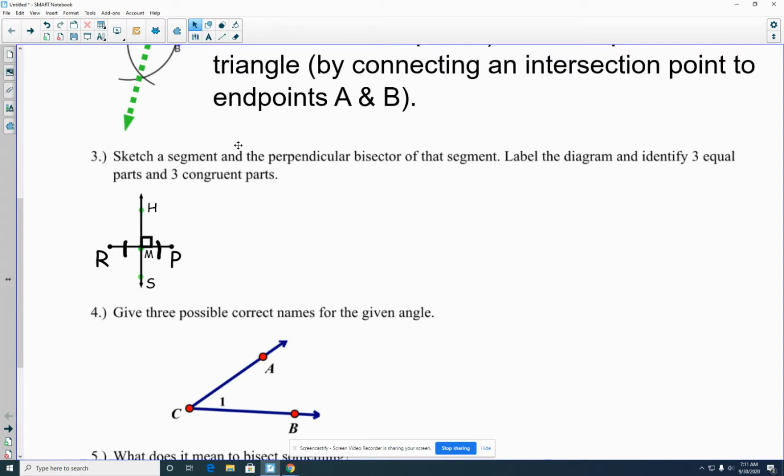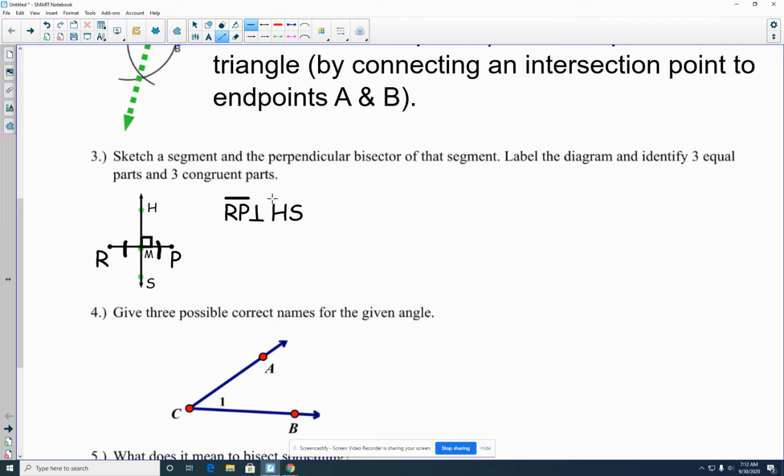So now let's just talk about what's going on, and then we'll identify the equal parts. The first thing that we know is that RP is going to be perpendicular to HS. To show that two things are perpendicular, you could use that upside down T. We have RP is perpendicular to HS. RP is a segment, so I'm going to put a little bar over it.